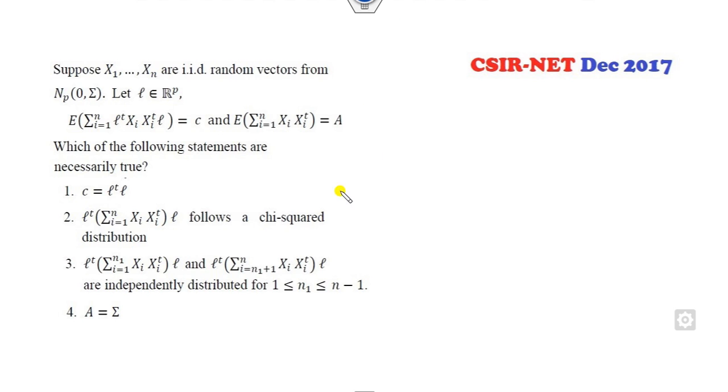Look at this another one. If the xi's are normal distribution with 0 comma sigma, and so on. How can you think about this one? Again, very simple. First of all, x times x transpose will always follow the Wishart distribution.